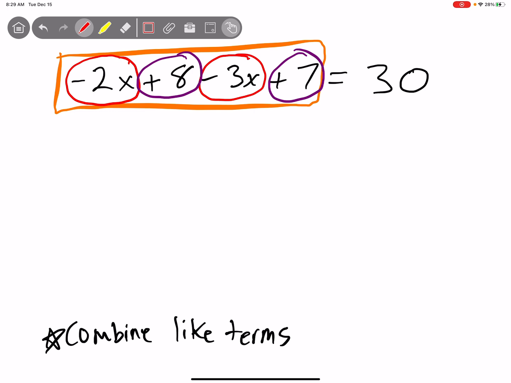If I have negative 2x's and then another negative 3x's, I now have a total of negative 5x's, okay? And remember, I got this because I took my negative 2x's and my minus 3x's and I combined them. Negative 2x and negative 3x gives me negative 5x.